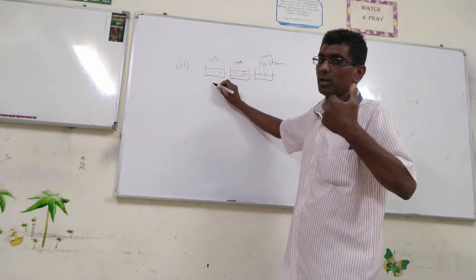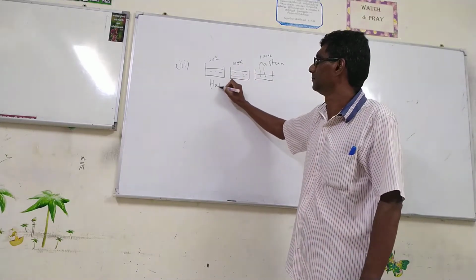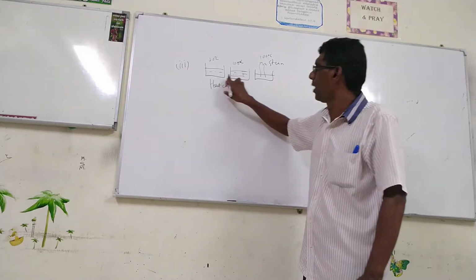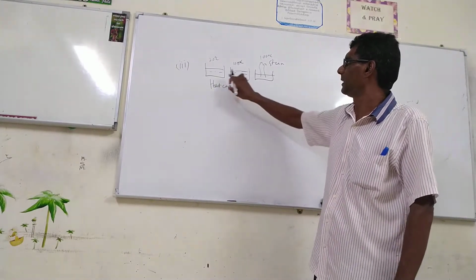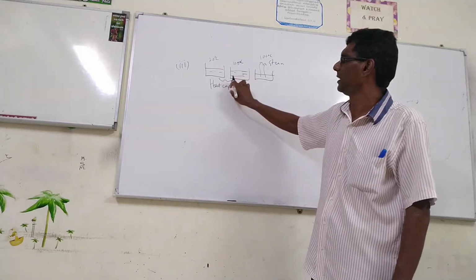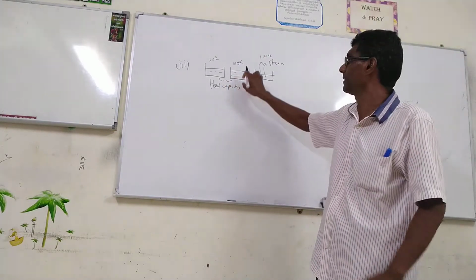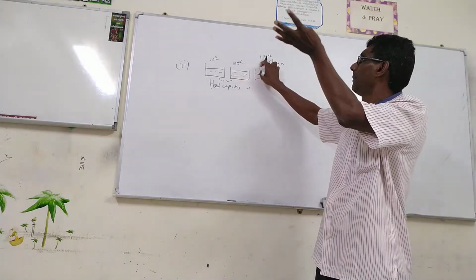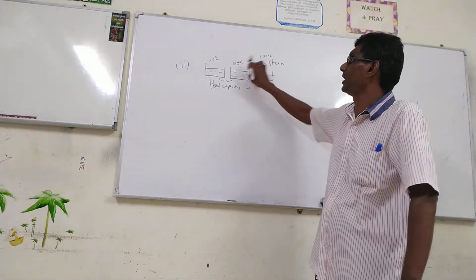So this one is called heat capacity. Once it reaches 100 degrees Celsius, the water starts to boil and becomes steam at 100 degrees Celsius. So there's no change in temperature.